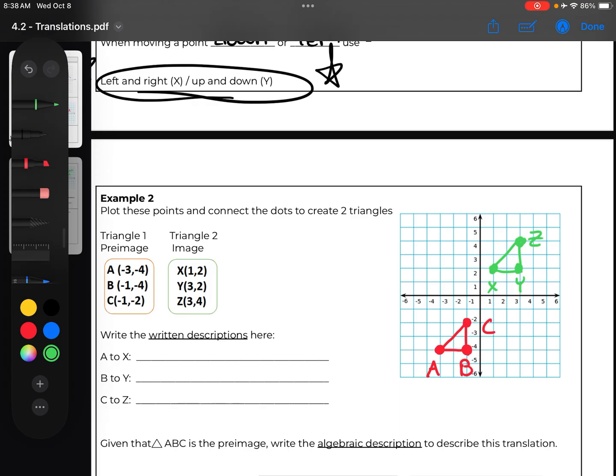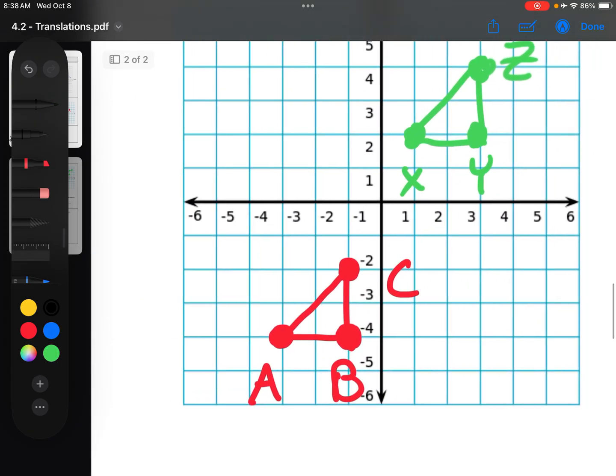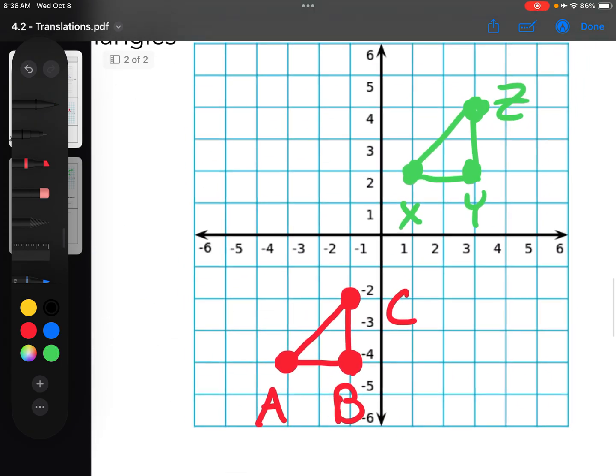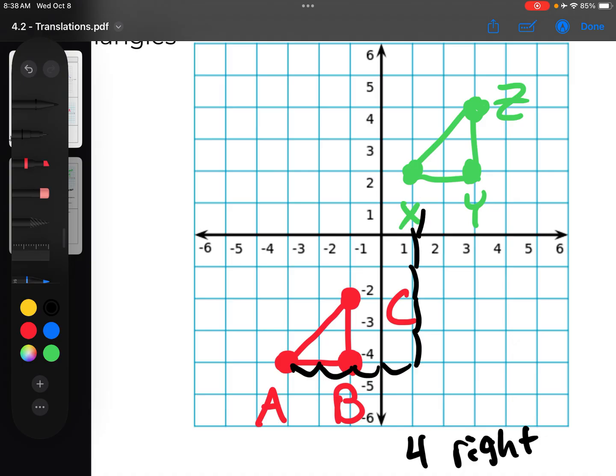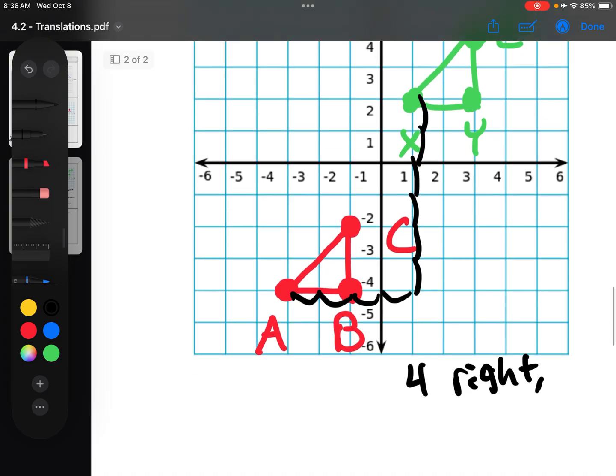All right, so now we're going to see how these points move. I've got point A, and we need to see how it goes up to point X. So it moves over 1, 2, 3, 4, 4 to the right. And 1, 2, 3, 4, 5, 6, 6 up.